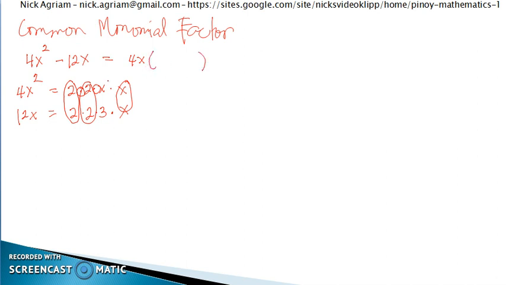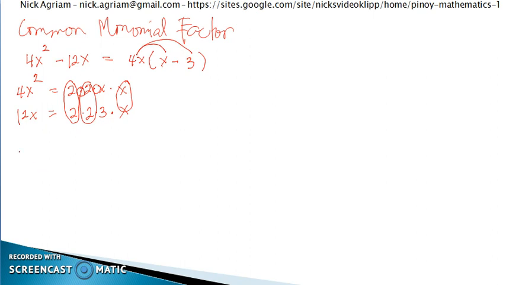What is left in 4x squared is just the x, and what remains in 12x is just 3. If I check my answer, I multiply 4x and x, that is 4x squared, and 4x times 3 is 12x, or negative 3 is negative 12x.